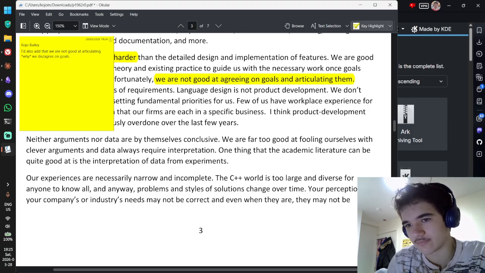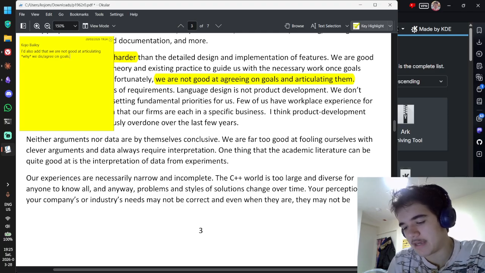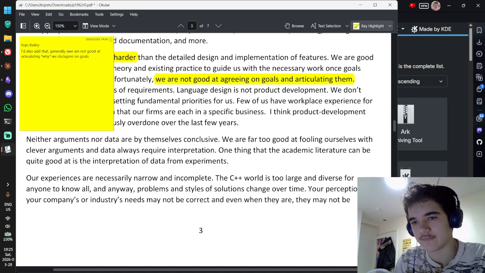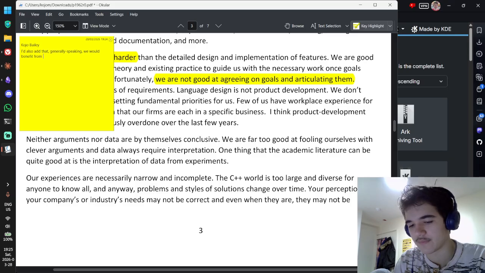But generally speaking, people can kind of resonate with a goal or feel that a goal doesn't quite make sense to them, but they're not really good at articulating why. So I'd also add that generally speaking, we would benefit from having more pressure or space.